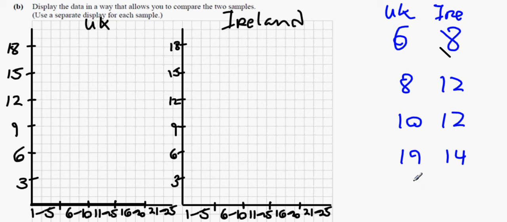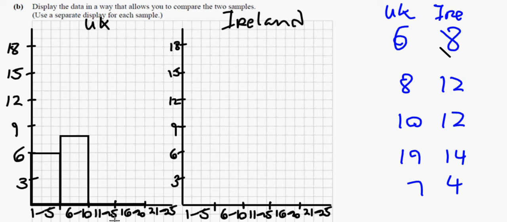Okay, so we're going to go about drawing this now. We need to draw a histogram. So the UK 1 to 5 is going to be 6, so make sure it lines up to 6. The next one is 8 for the UK, so go to line 8, like so.